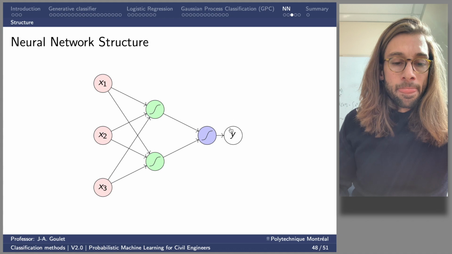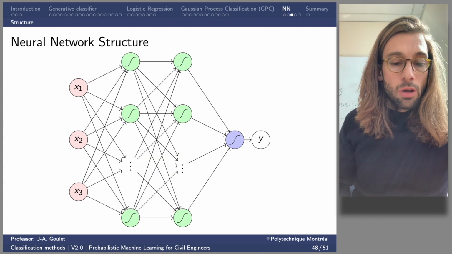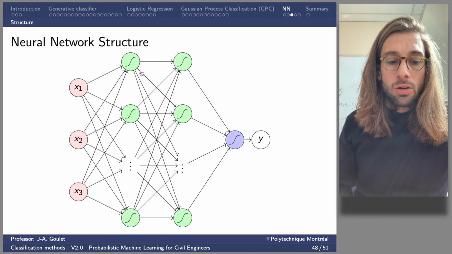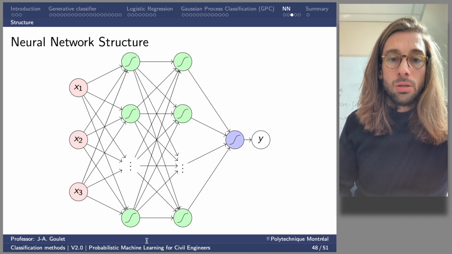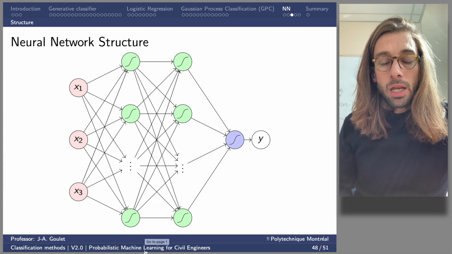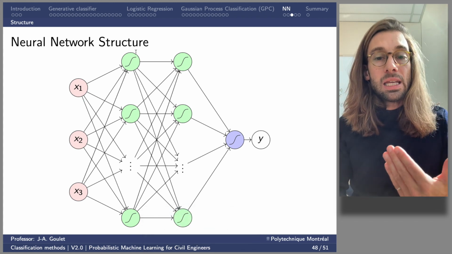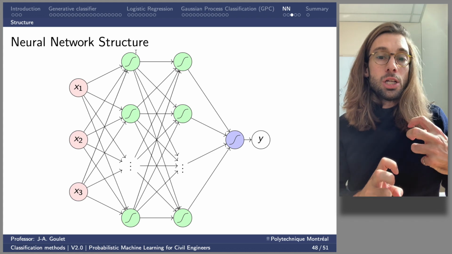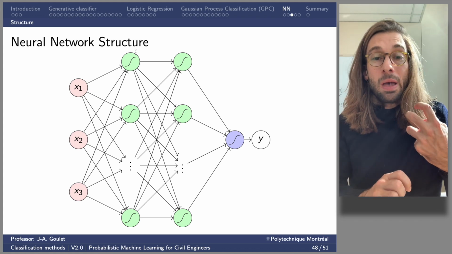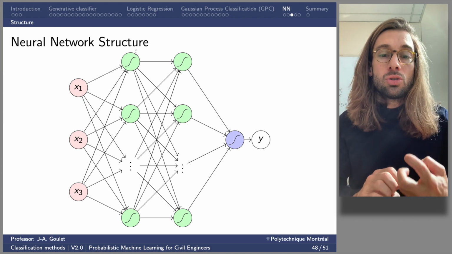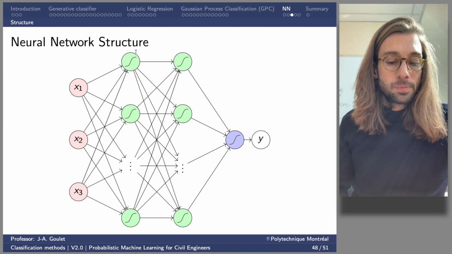In practice, we don't have only one hidden layer. We can have an arbitrary number of hidden layers with an arbitrary number of hidden units. The more hidden units per layer, the more flexible, the more capacity our model has to learn complex relationships. But this comes at the expense of an increase in the number of parameters we need to deal with.